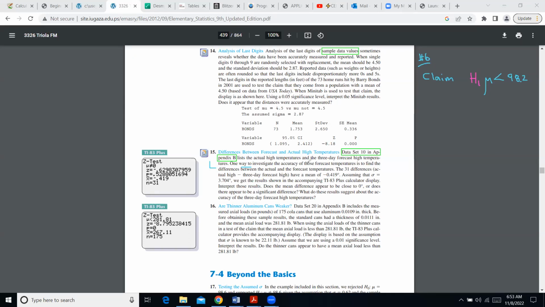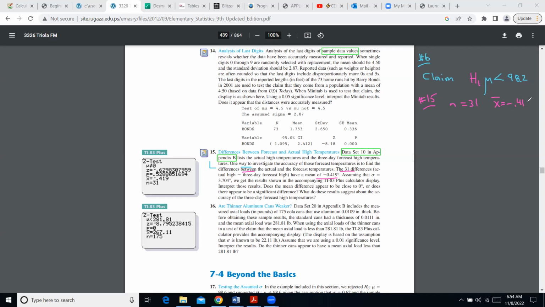So what's happening here, they want to see the differences between the actual temperatures and what they forecasted. So they looked at the number of differences, which is equal to 31. So that's a sample size, n, right? 31. And notice that the mean for that was a negative number, which is minus 0.419.